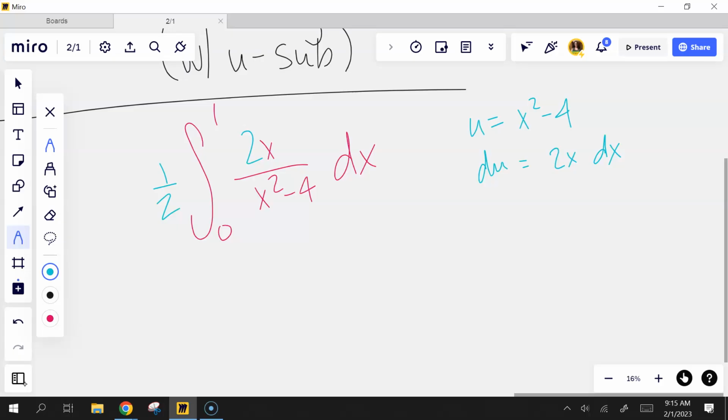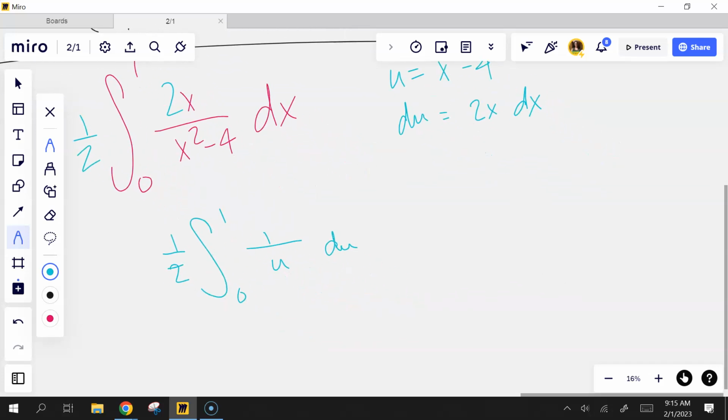Now here's the problem. It's not indefinite anymore. So here I've got 1/2, from 0 to 1, and this is where I'm going to show you 2 different ways we could do this. Because I've got u's here now, I have to take that into account for my bounds.